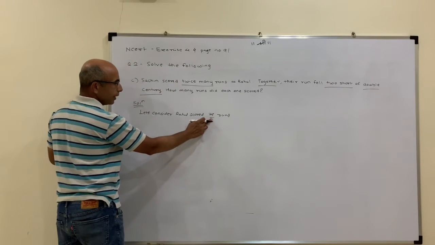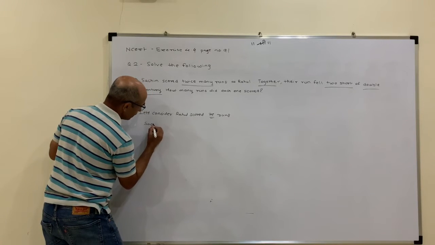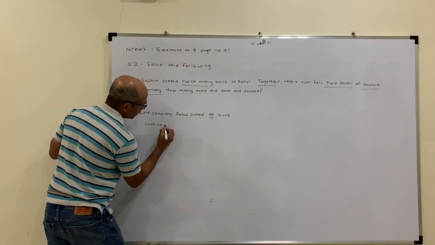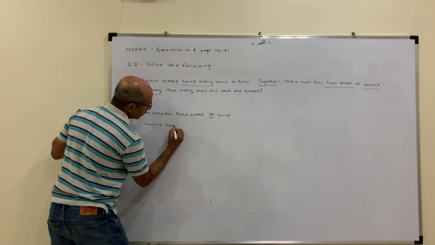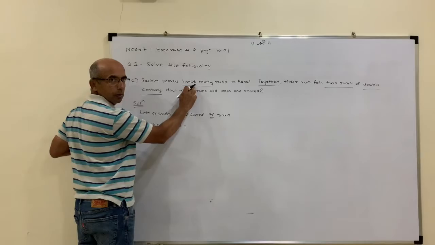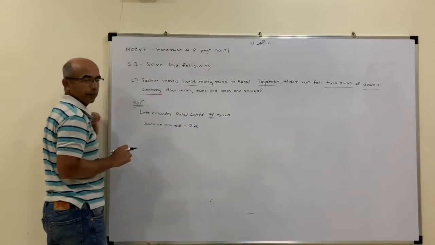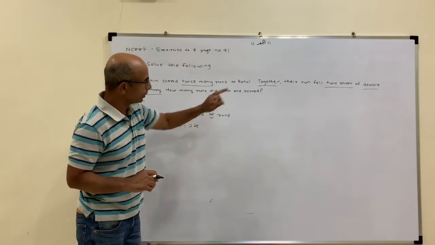Since Rahul scored x runs, Sachin scored twice of Rahul's number of runs. So Sachin scored 2x. Now what they are saying together.